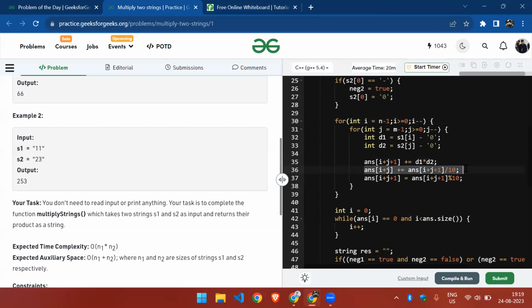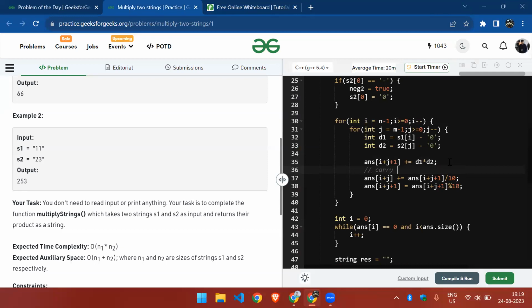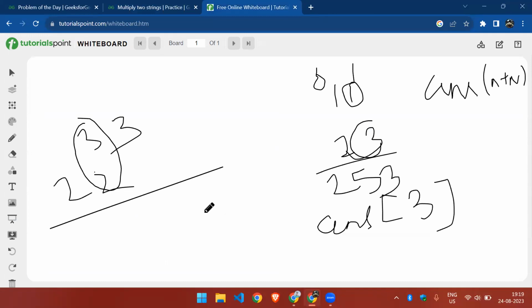Then what will you do? This is for calculating the carry, sorry, storing carry in the next place, because whenever you will have a carry, for example, you are adding 99 and 111, right? So whenever you have a carry, which means there comes 0, comes 1, again this.